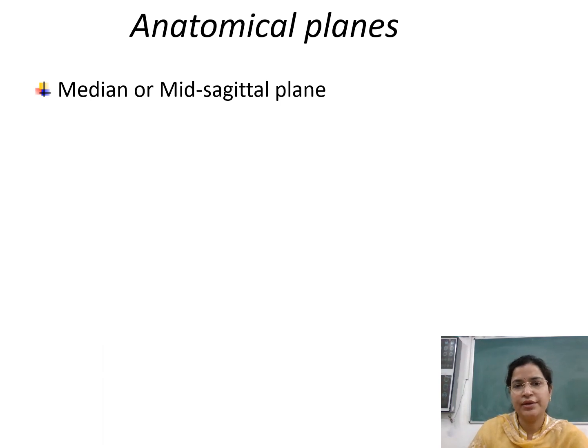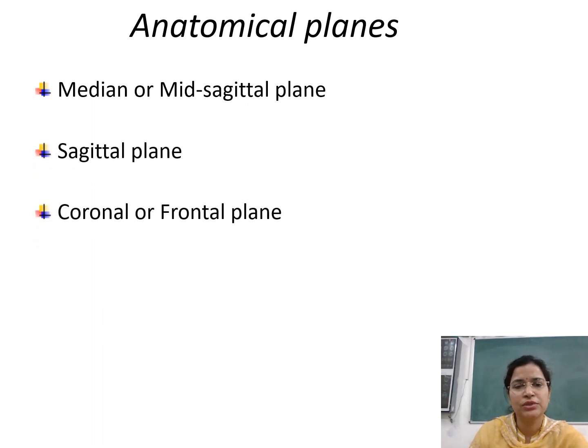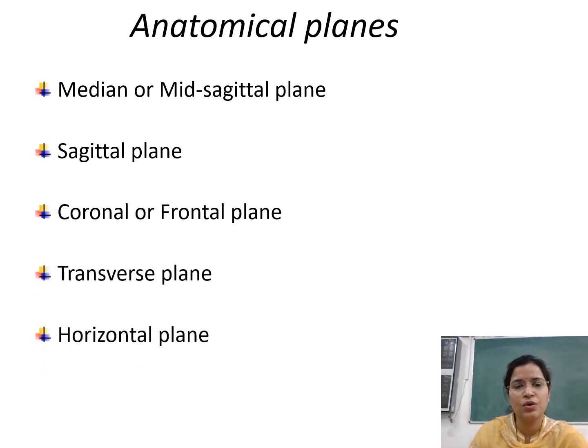Now which are the different planes we will study in the introduction class itself. So, anatomical planes. What is the median or mid-sagittal plane? What is the sagittal plane? Then there are the coronal plane, transverse or horizontal, and oblique.